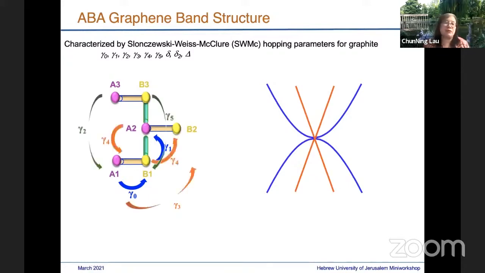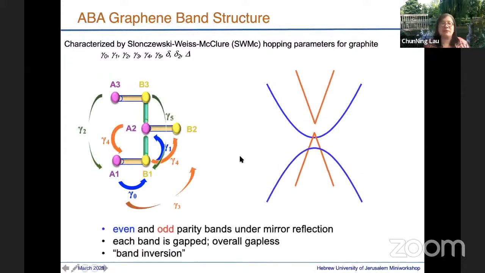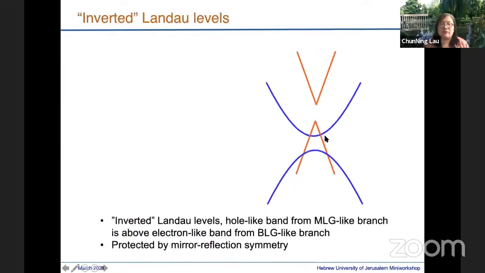But if we include all the other hopping parameters, each band becomes gapped, but overall is gapless. This is a more exaggerated version of the band structure, but what we have here is a band inversion. Now the hole band from the monolayer-like branch is above the electron band from the bilayer-like branch. So we have a band inversion now.